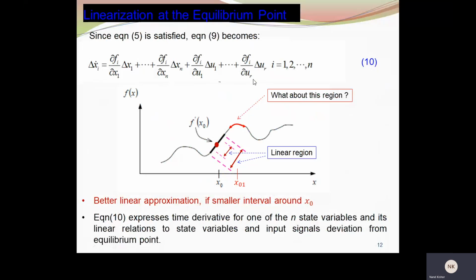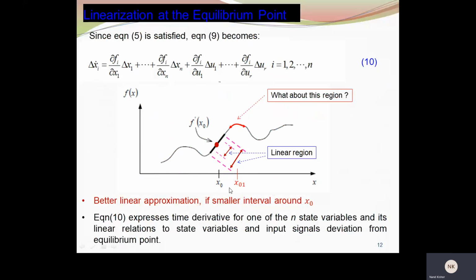Now, as shown in this figure, we have f(x), the nonlinear function of some state variable, on the y-axis, and the state on the x-axis. As you can see here, this nonlinear function has some particular characteristic curve, which is a function of the state variable x.